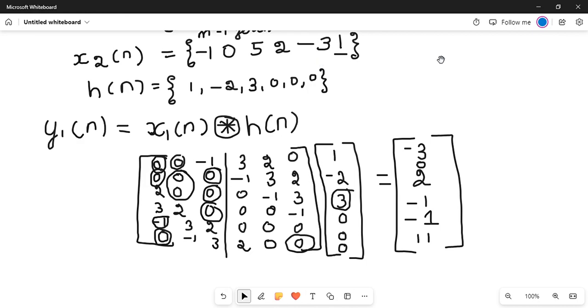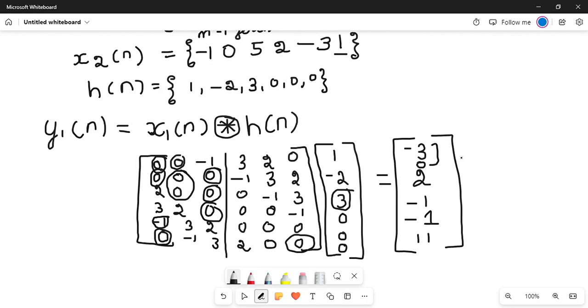So now what I do is I eliminate here. How many must be eliminated? The m minus 1 values must be eliminated. In the beginning I need to eliminate the m minus 1 values. So if we eliminate the m minus 1 values, how many is it? We need to remove 2 samples. That too you have to remove the 2 samples in the beginning itself.